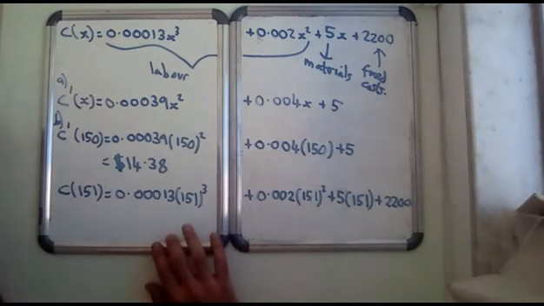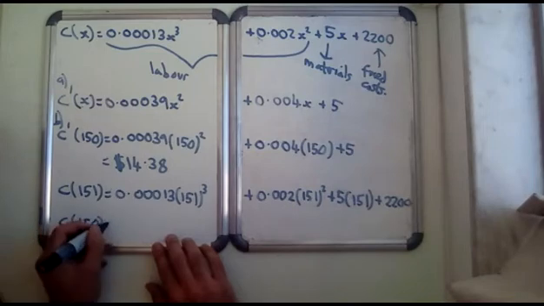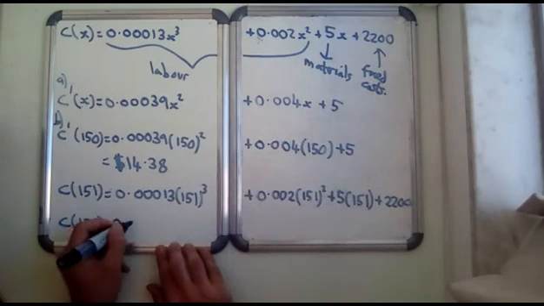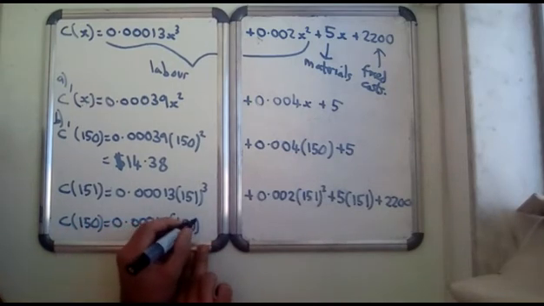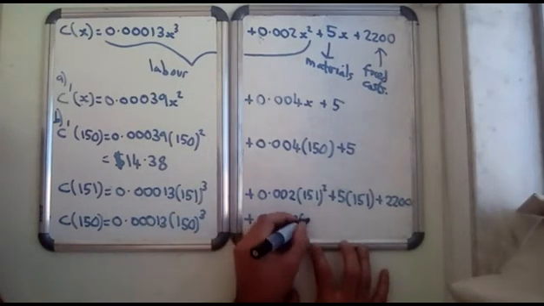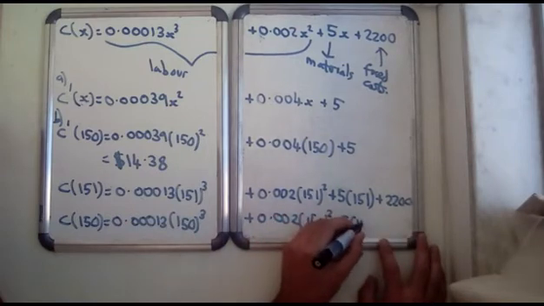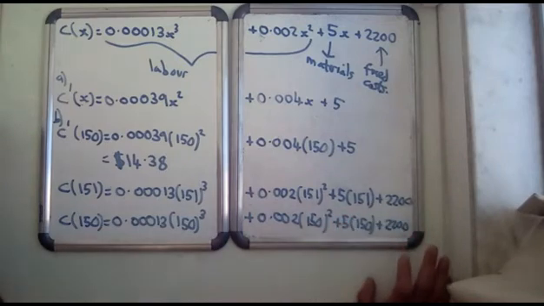I'm going to get those numbers in a minute. C(150) is going to be exactly the same, but you change the 151s to 150. 0.00013 times 150 cubed plus 0.002 times 150 squared plus 5 times 150 plus 2200.